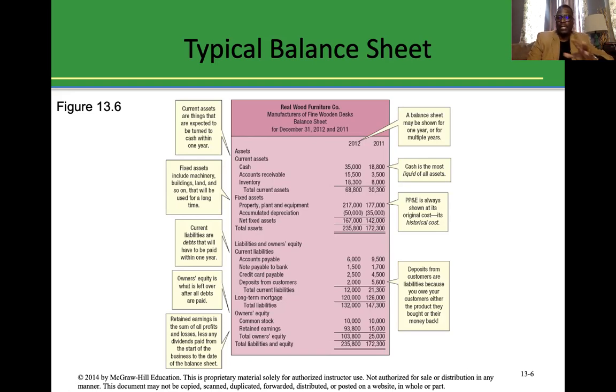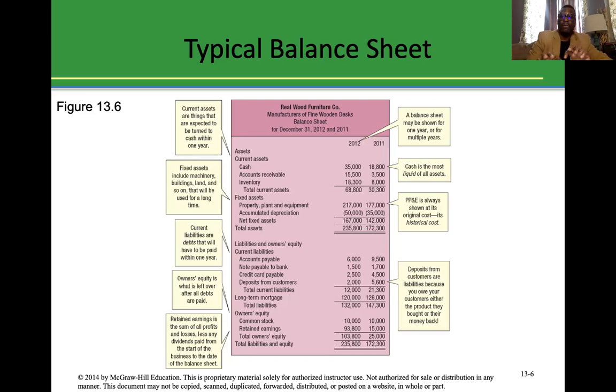So again, ultimately, there are 4 financial statements: income statement, statement of retained earnings, balance sheet, and statement of cash flow. And you want those financial reports to be available to your prospective investors, because they want to know if they are to invest in your company, will they get a return on their investment? And so that is very important that you have the financial numbers.